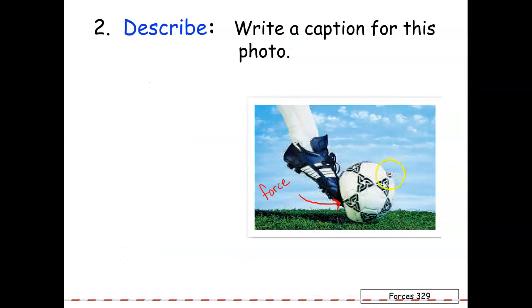That force is going to cause the ball to go into motion. So the foot applies a force, and that force is going to cause the soccer ball to move.